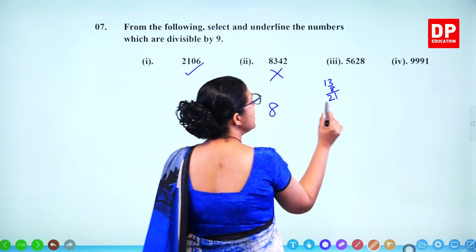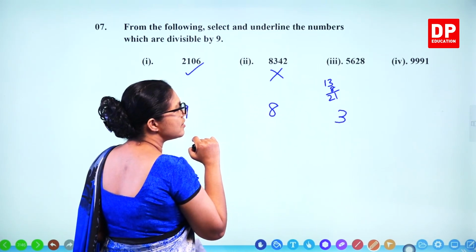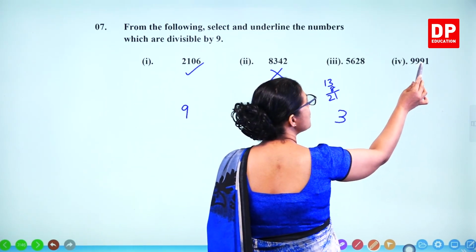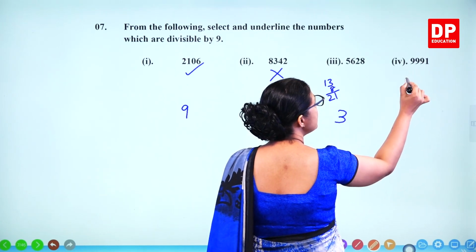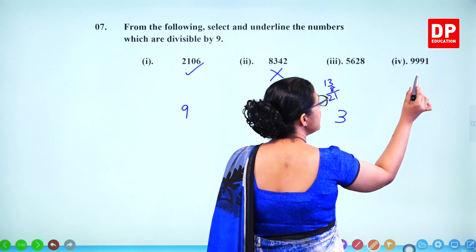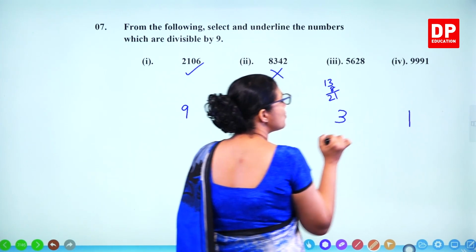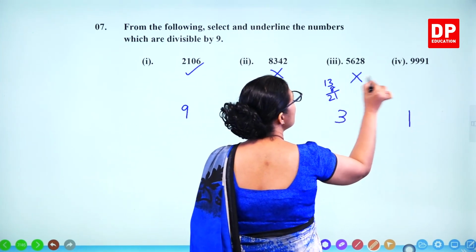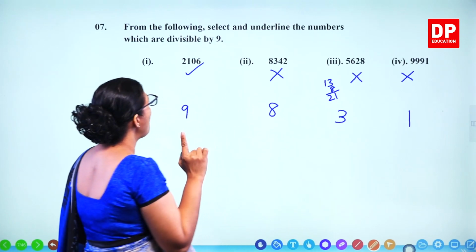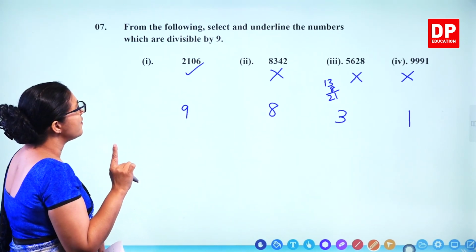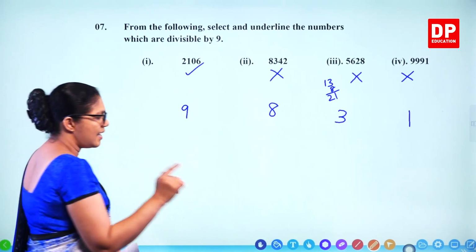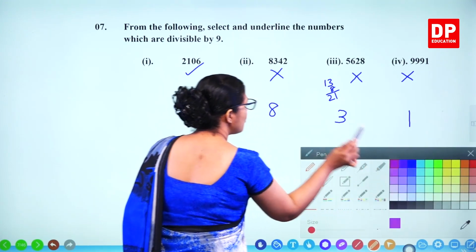So 21 means 3. That's not divisible by 9. What about this one? 18 plus 1, 19. 1 plus 9, 10. So the digital root is 1. That's also not divisible by 9. Only 2106 is divisible by 9. You get 2 marks for that.